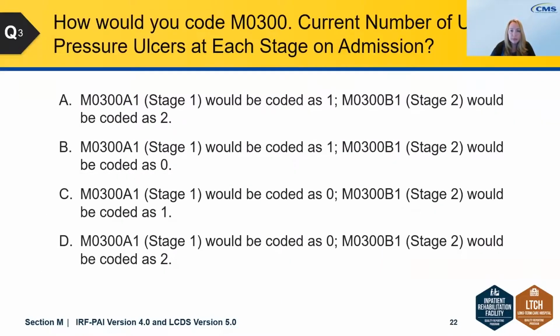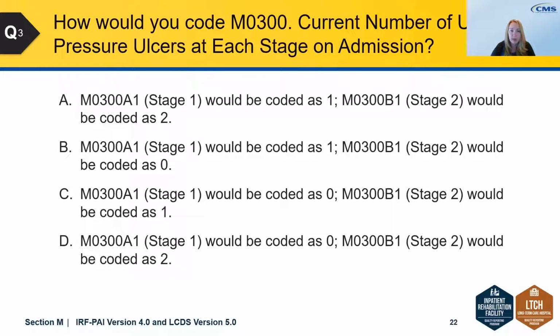How would you code M0300 at admission for this scenario? Would it be A, M0300A1 stage 1 would be coded as 1, and M0300B1 stage 2 would be coded as 2. B, M0300A1 stage 1 would be coded as a 1, and M0300B1 stage 2 would be coded as a 0.